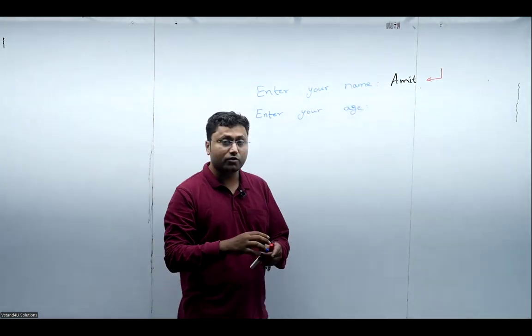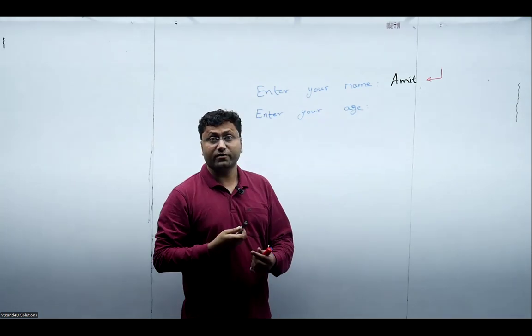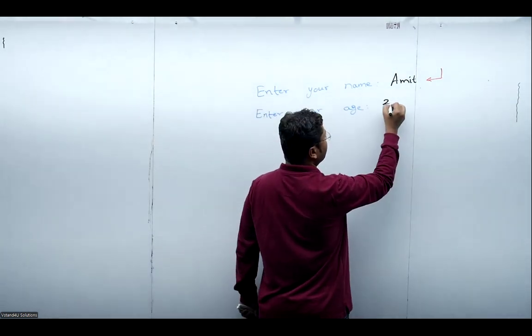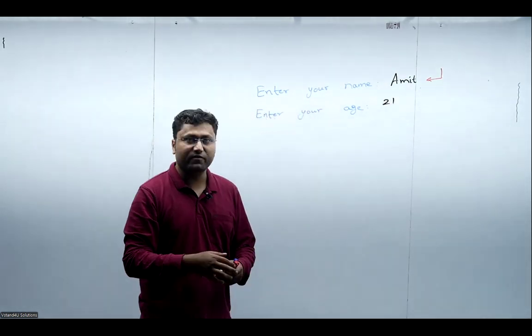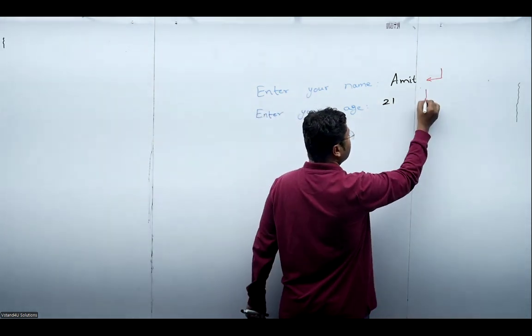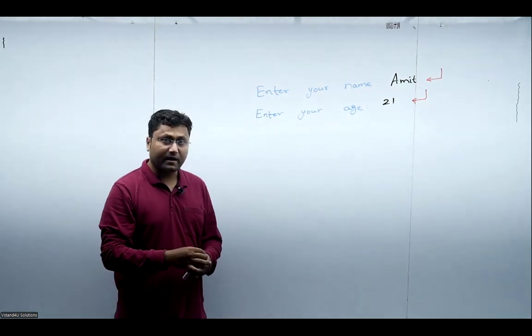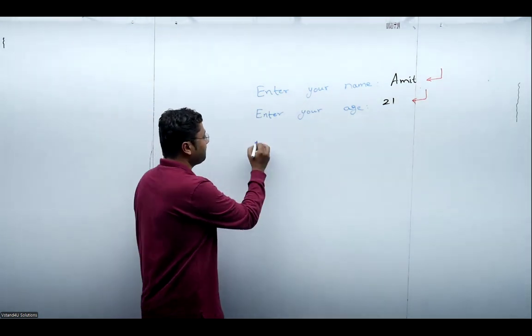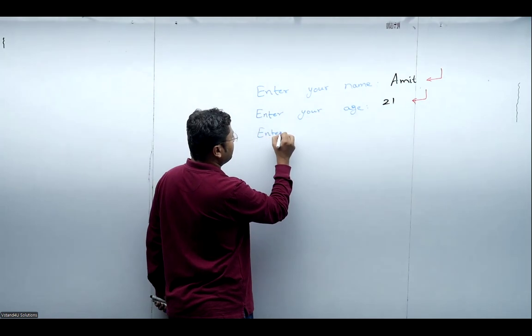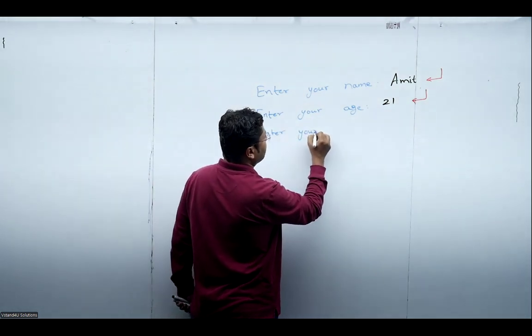Then I'm expecting the user to enter some data which is of integer type. So the user has given 21 as the age. After giving the age, he or she again presses the enter key. Done. Then I'll ask for the next information: enter your salary.